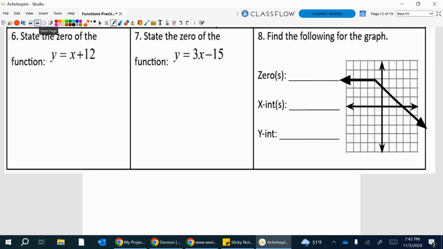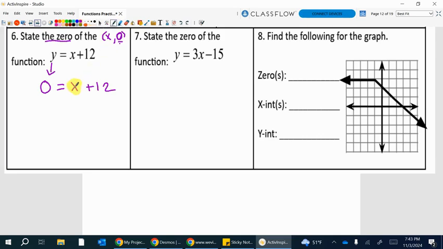Okay, number 5 and number 7 asks us to state the zero. And if we remember from our lesson, the zero of a function is the same as the x-intercept, where the y value is always 0. So if we have an equation and we're trying to find the 0, our first step is to change the y to a 0, and then we're going to solve for x.